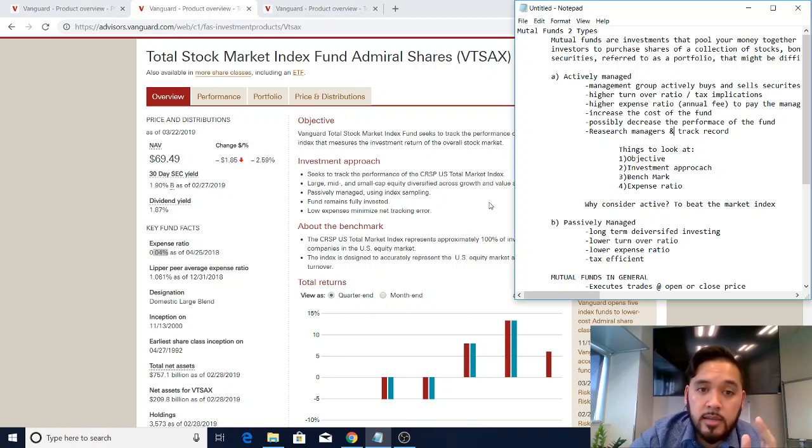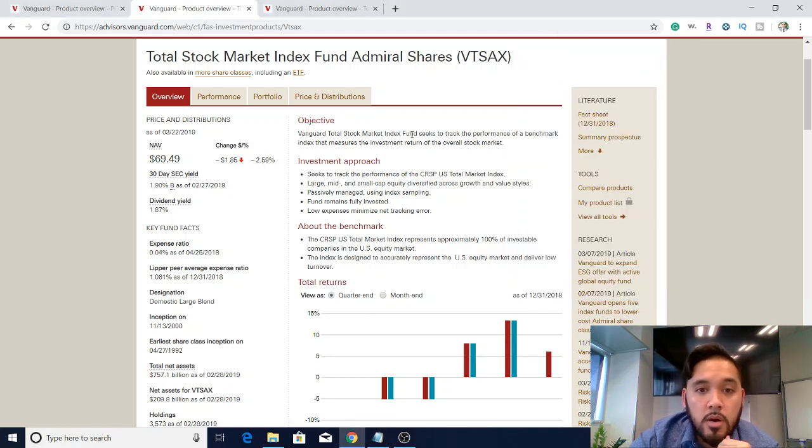And as I was saying, with each particular mutual fund, always look at the objective, investment approach, their benchmark, as well as the expense ratio. Looking at the passive, it seeks to track the benchmark of the overall stock market. The benchmark is the CRSP Total Stock Market Index.